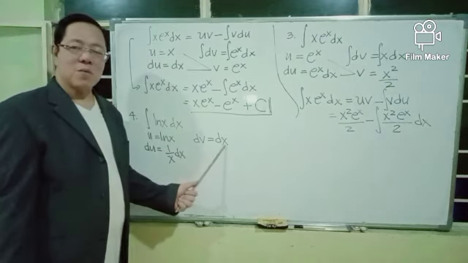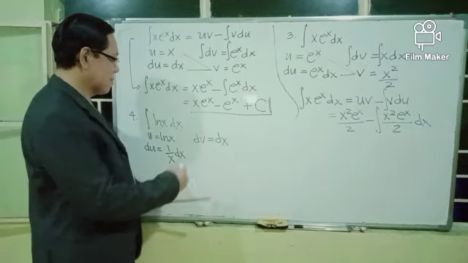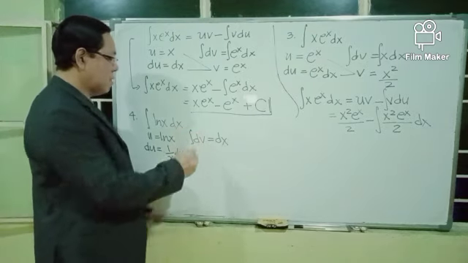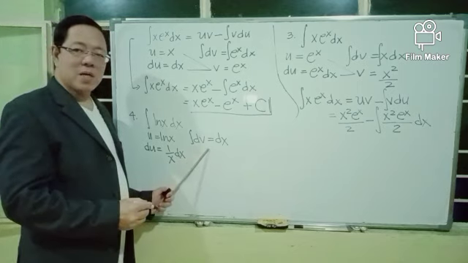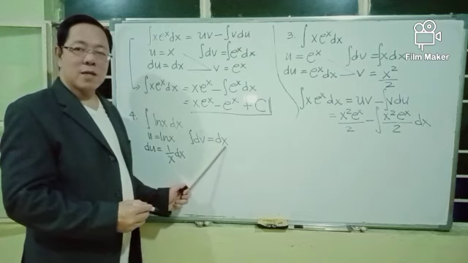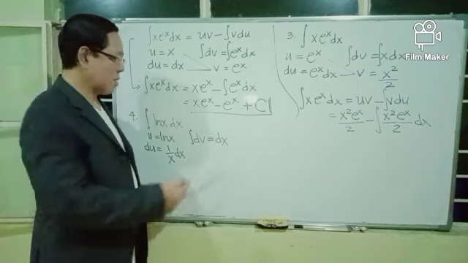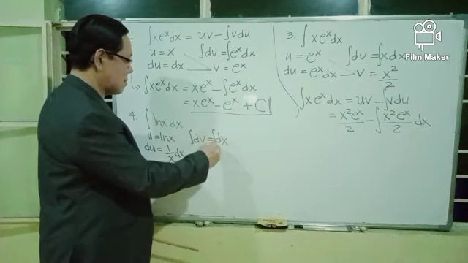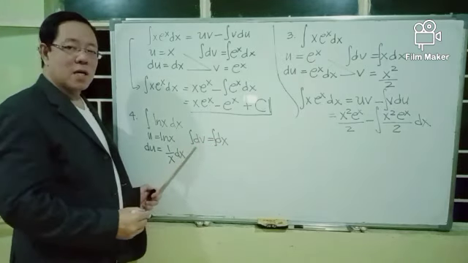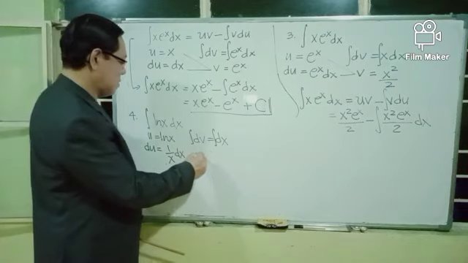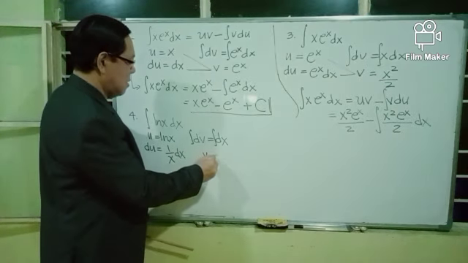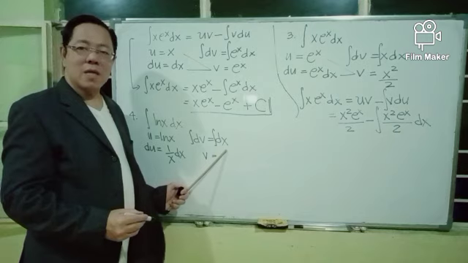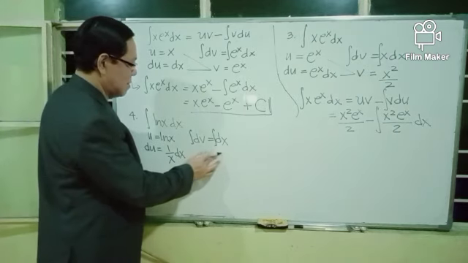For this equation, we integrate both sides. The left-hand side we integrate with respect to v, and the right-hand side we integrate with respect to x. The integral of dv is v, and the integral of dx is x.